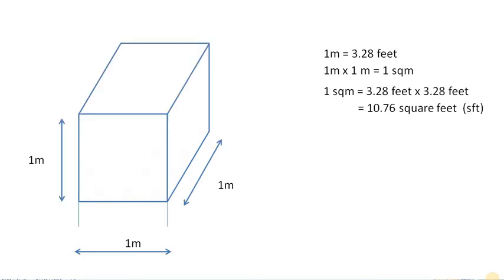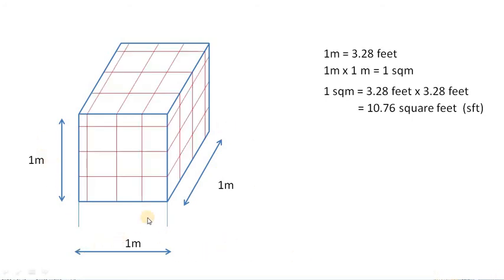If we project the 1 square meter area to the height of 1 meter, we will get a 1 cubic meter box. So this is a box with sides 1 meter length, 1 meter depth and 1 meter width. How many cubic feet boxes are there in this 1 cubic meter? So let us see that.